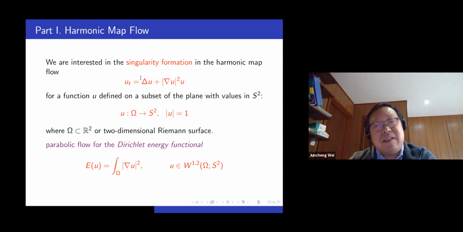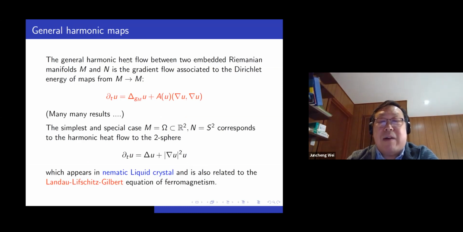So we start with the classical Harmonic Map flow, which is a map from R2 to S2, and the Harmonic Map flow is just a parabolic flow for the Dirichlet energy functional. Now, this is the more general Harmonic Map heat flow between two embedded Riemannian manifolds M and N, and then you can write down the equation.